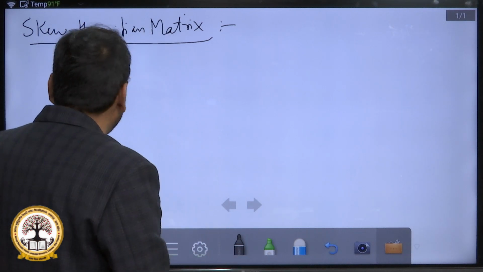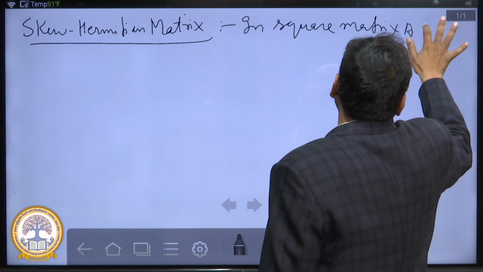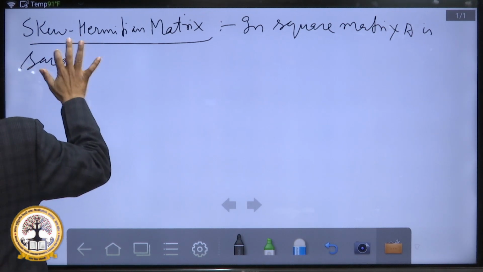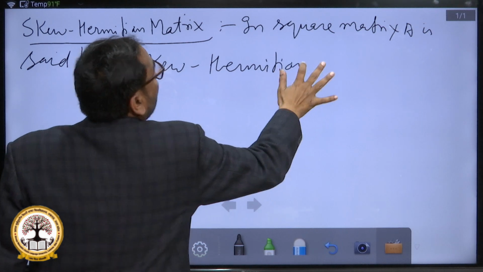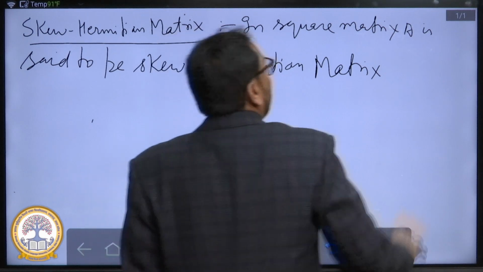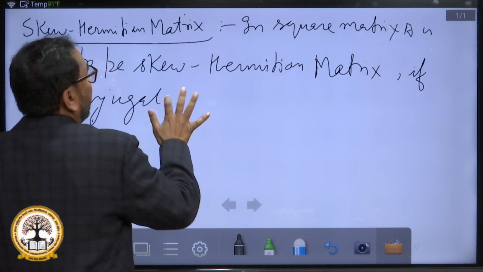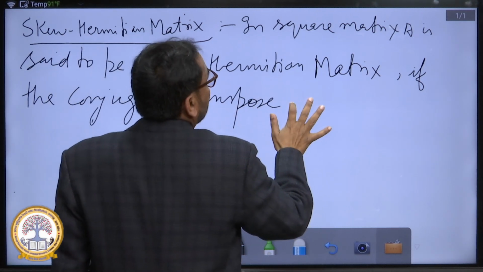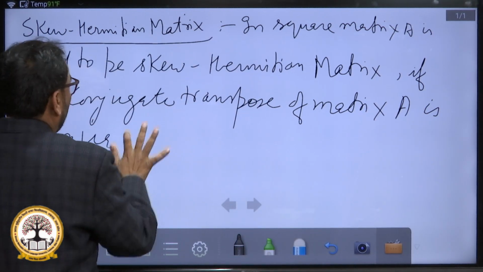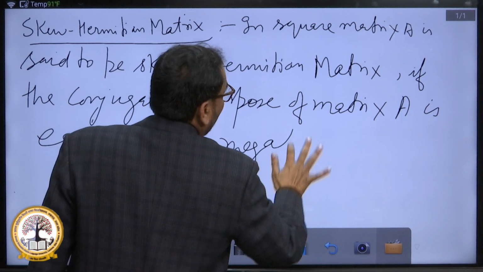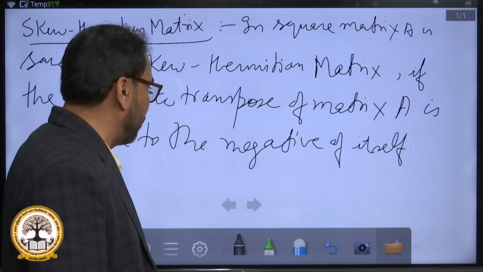So we write this definition: a square matrix A is said to be a skew Hermitian matrix if the conjugate transpose of matrix A is equal to the negative of itself.